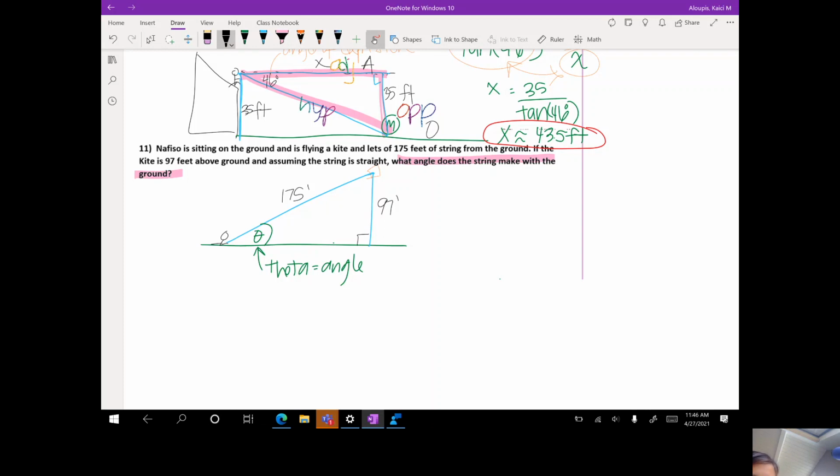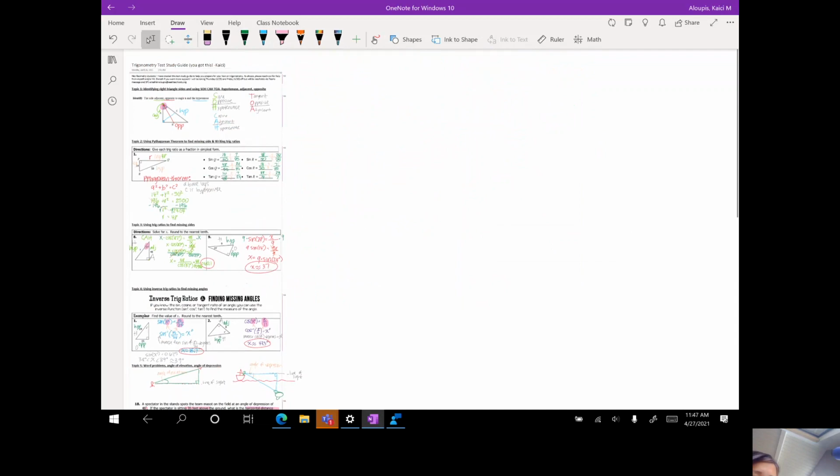Well, remember, this is my right angle over here. From my right angle to the opposite side is my hypotenuse. Here's my hypotenuse. And over here, from my angle to the opposite side, I got to the 97 side length, so there's my opposite side. Which trig ratio uses O and H, opposite and hypotenuse?